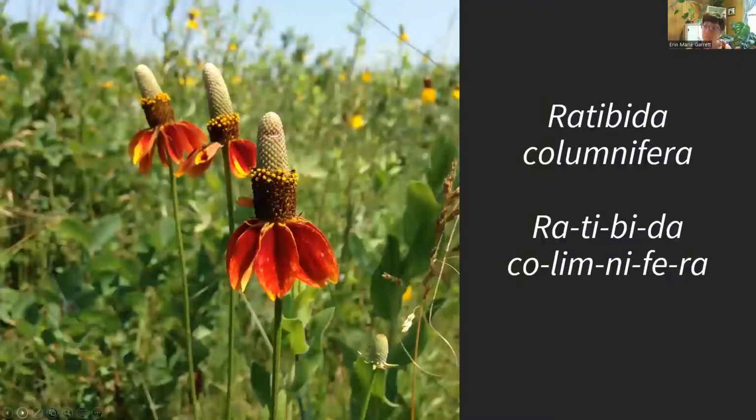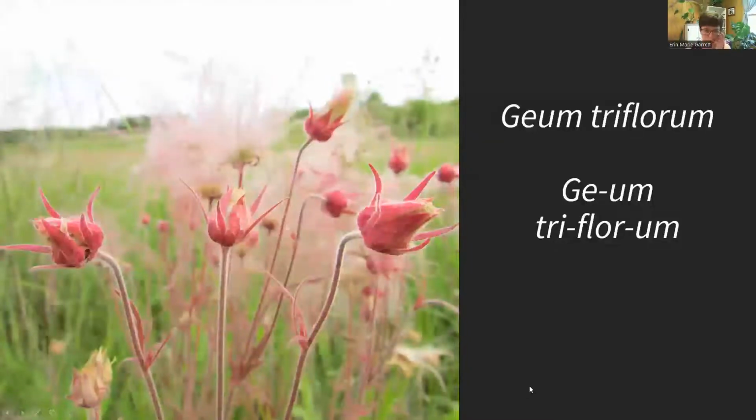Okay. Some of them are easy and would sound just like you would think they would. Ratibida columnifera. Ratibida columnifera. We had the MN together. It's in the middle of the word, so we pronounce both of them. Columnifera. Okay. It's not gem. Geum.